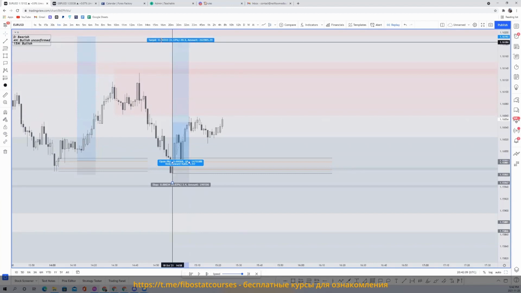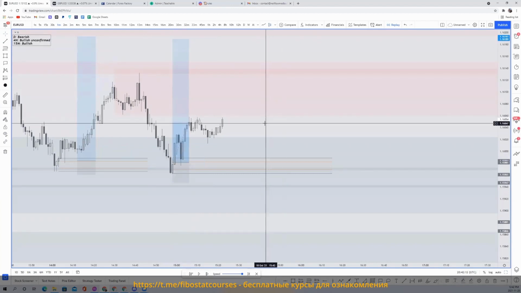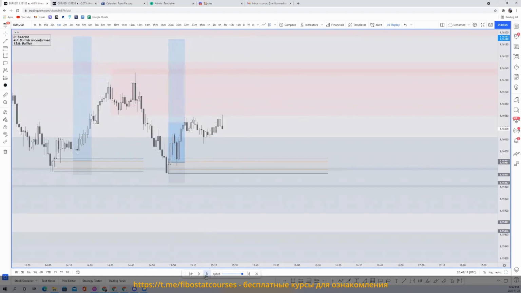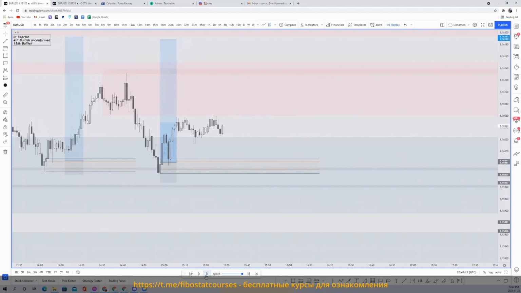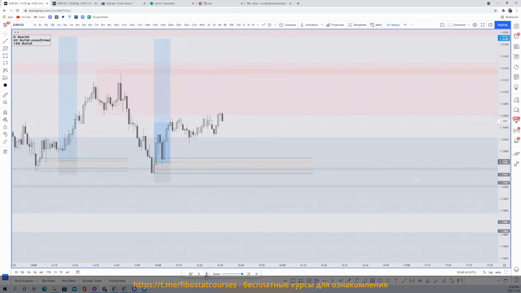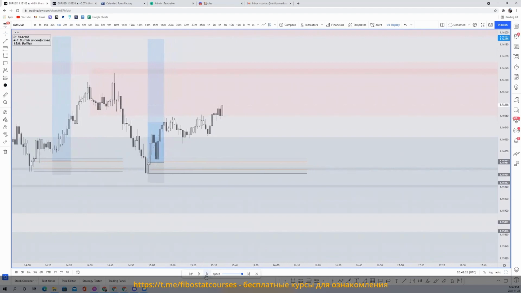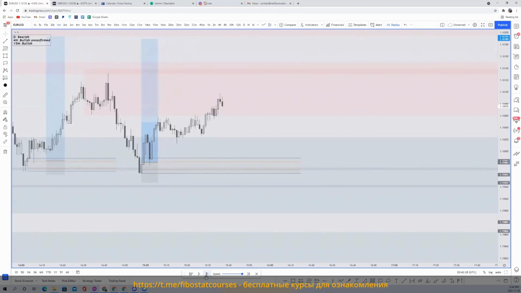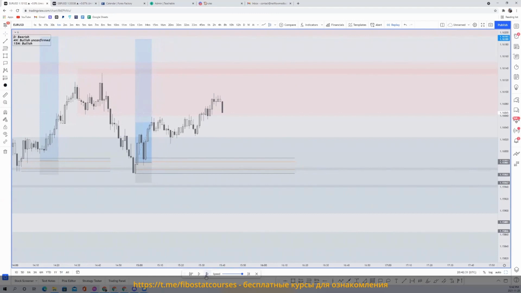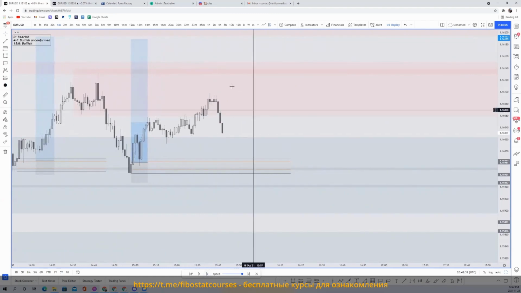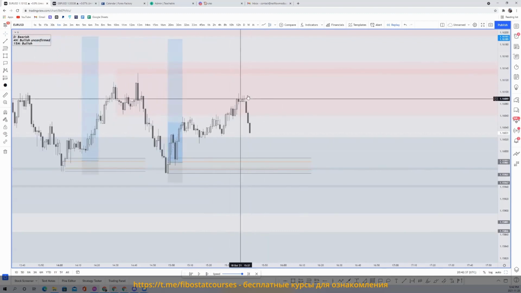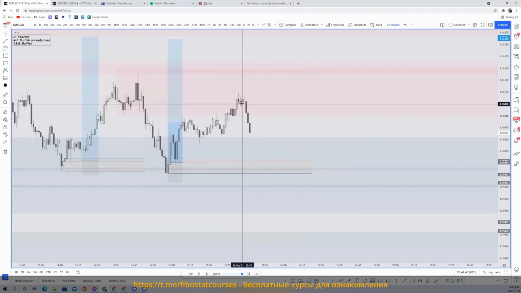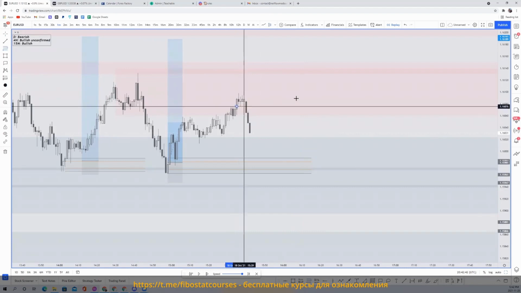You still have a demand below that has not been tapped, but it doesn't have to get tapped. So you did get a 1-minute chalk here. It didn't really have much of a reaction. I would likely throw a sell on this.